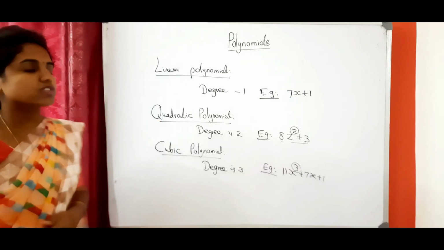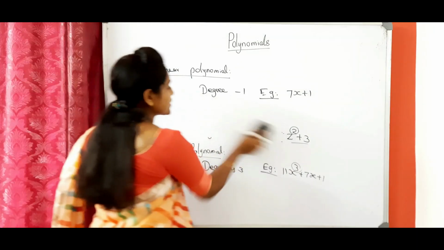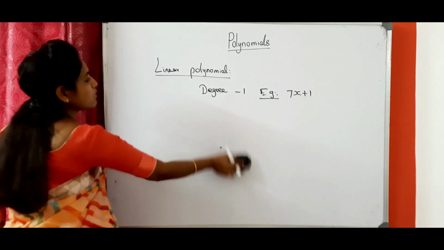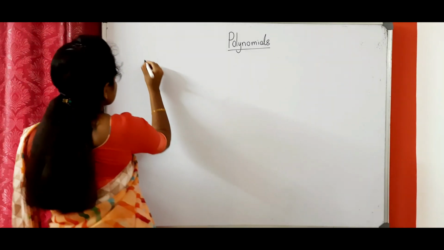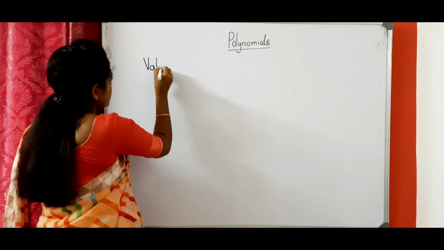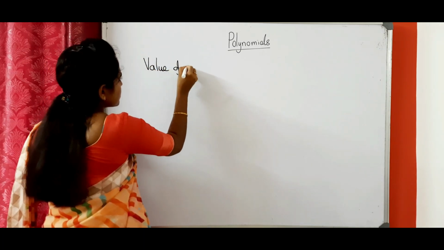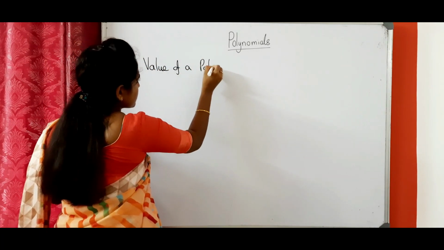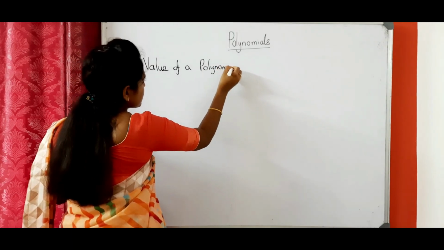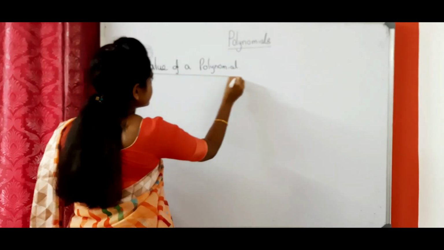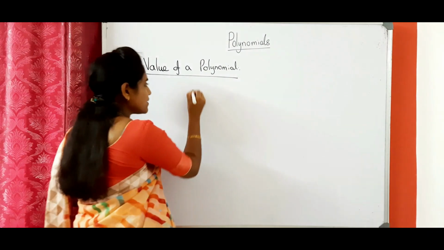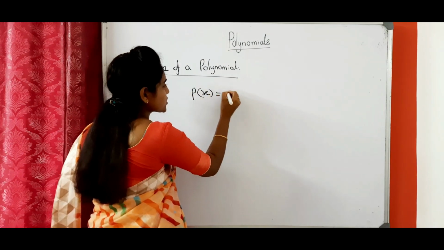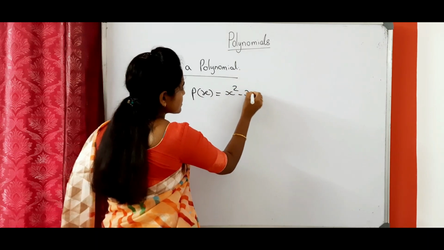Next I am going to explain what is the value of the polynomial. Okay, what is the value of the polynomial? Listen. Suppose the polynomial p of x equals x square minus 3x plus 1.